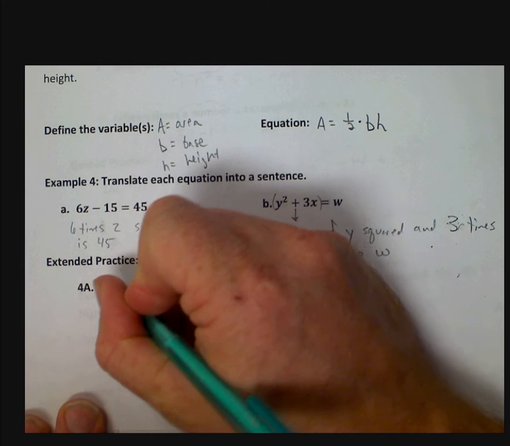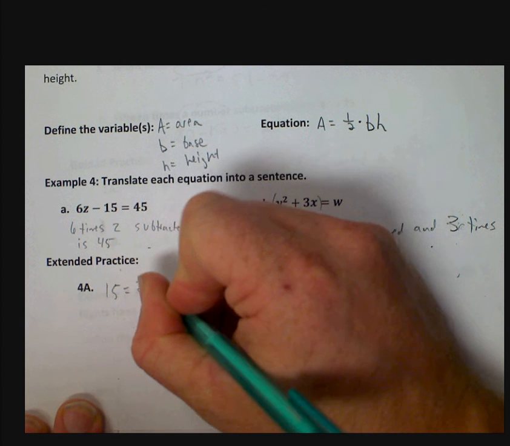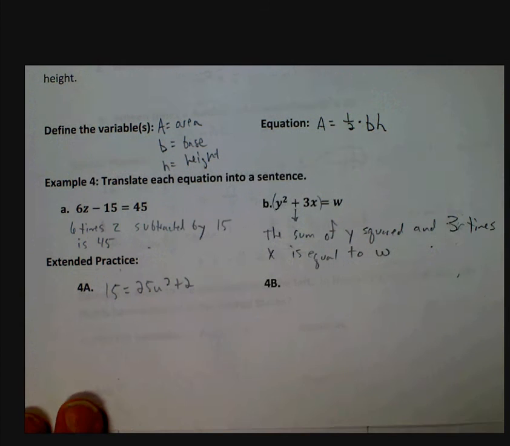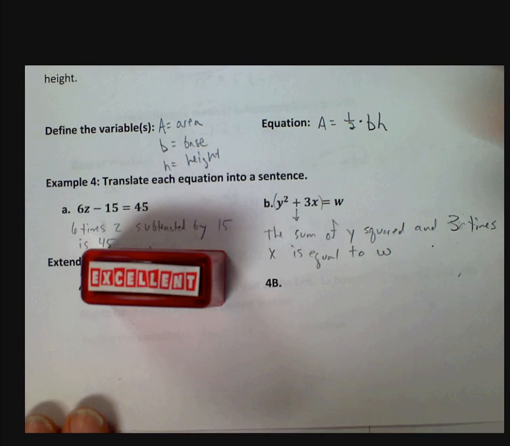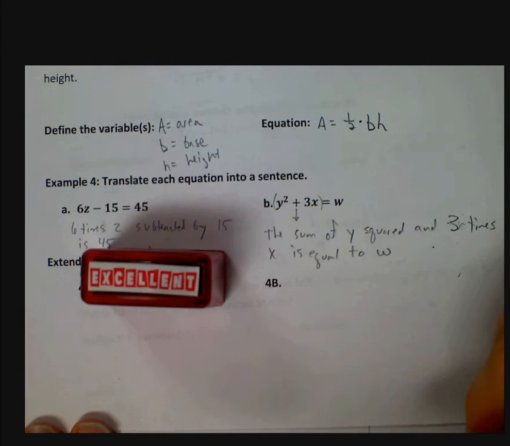For A, we have 15 equals 25u squared plus 2. So if you haven't paused, try, because some of you guys may not have your book. Please have your books, students.